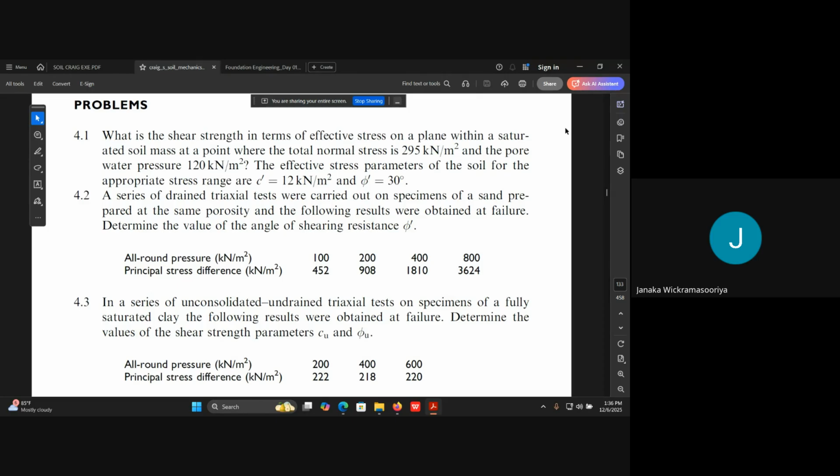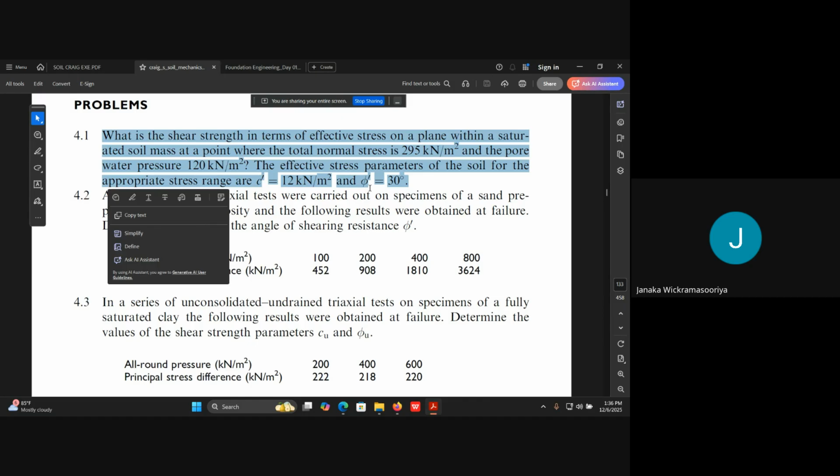Yes, the first question: what is the shear strength in terms of effective stress on a plane? Read the question and please note down what is given, what factors or values are given. Then try to apply the equations and get the answer.